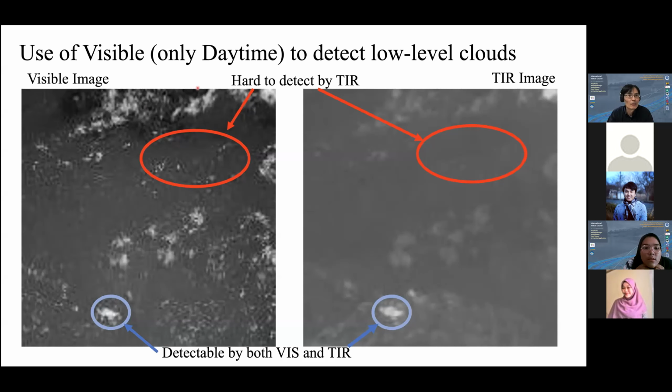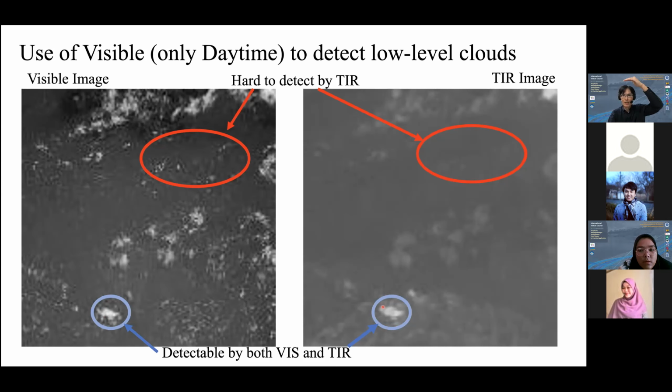This is a zoom-up image of the two different wavelengths. The left side shows the thermal infrared 10 micrometers IR image. Okay, please see here. In the blue circled area, both the thermal infrared and visible wavelength images appear white. So this area shows high level cloud, highly developed cloud.